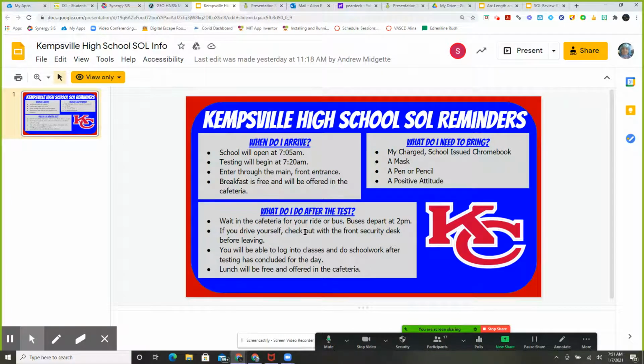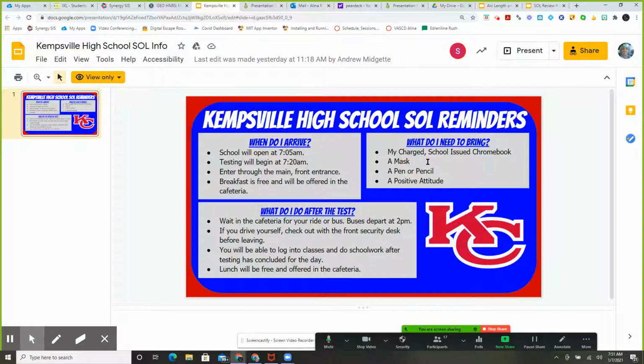If you have a parent pickup, you can go to the cafeteria and text them and have them come pick you up. If you can drive, and I'm talking to like my sophomores mostly right now, if you can drive, then you can just go out, check yourself out at security, not at the main office, and leave. Okay. If you're riding the bus, you are kind of stuck there until 2 p.m.